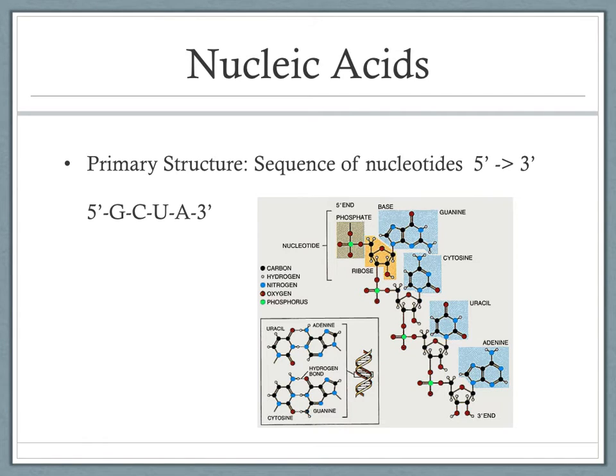So the sequence of nucleic acids, like the primary structure of amino acids, is listed from the 5' phosphate to the 3'. So in the illustration shown here, we're going in a downward slanted direction, going from 5' to 3'. So we would read this as guanine, cytosine, uracil, and then adenine. GCUA.